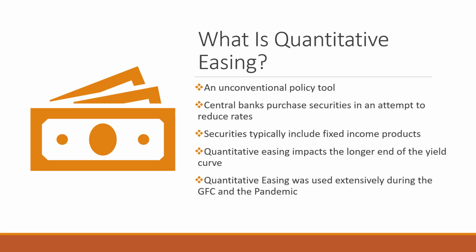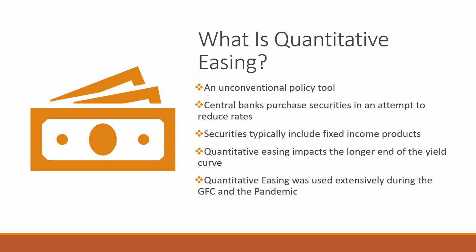Now, with open market operations, because that's focused on the short end of the yield curve, what the central bank is typically hoping is that when they make adjustments to the short end, it will start to have a bit of an impact on the longer end, which it normally does. But once again, sometimes you can do as much as you possibly can with certain tools, and it's just not having the desired effect.